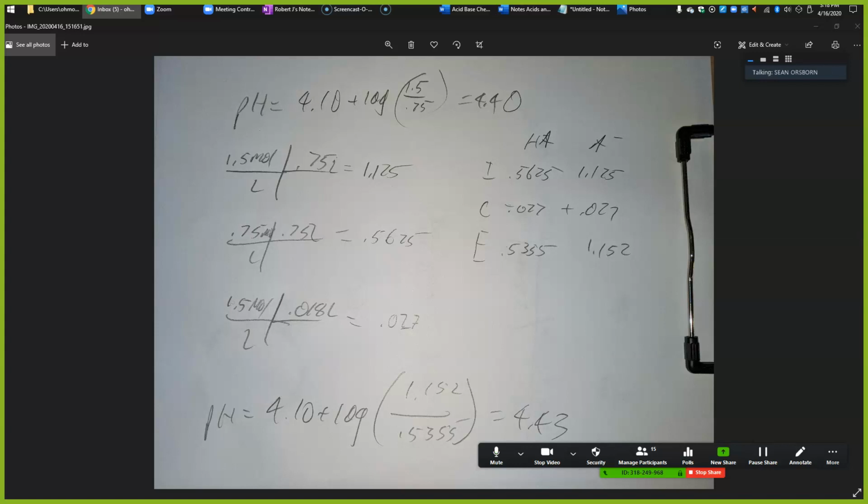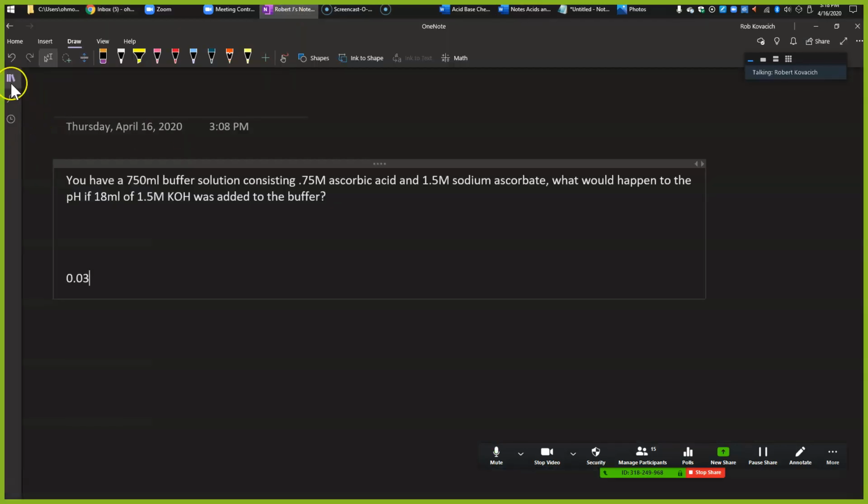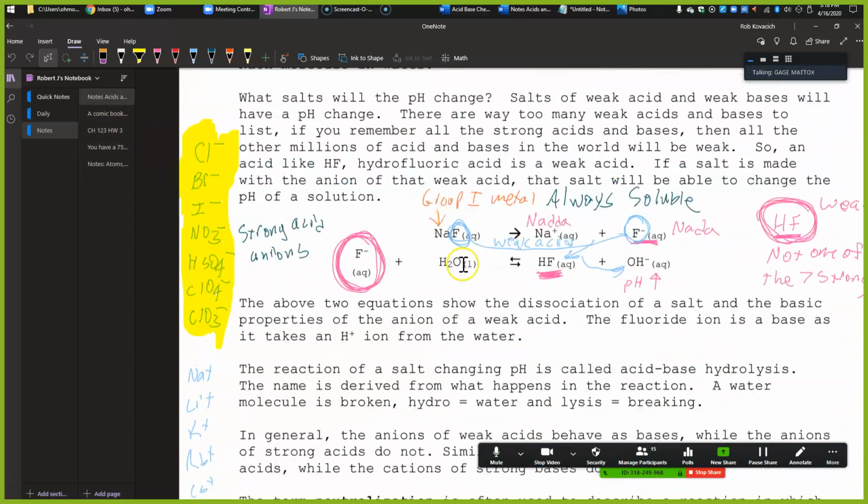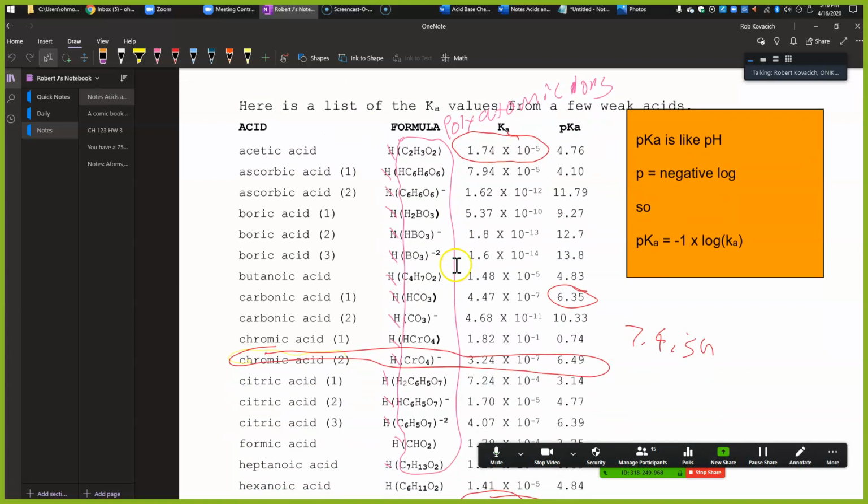It's from that pH table. That's not pH. That 4.10 is the pKa. pKa, thank you. The pKa comes off of this table, right here. Yeah, the big table. So there it is right there.